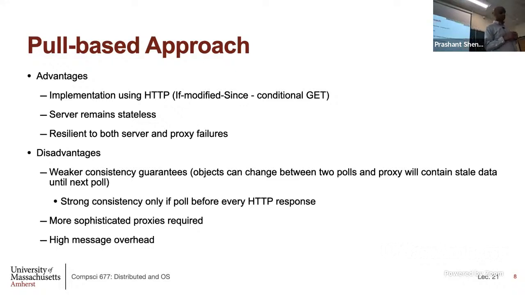Okay, yes. Question is, in a pull-based approach, how does the proxy know which server has the updated content? The way you would keep that information is for every web page you have cached, you also keep the URL of the page, which is the same information the browser has.